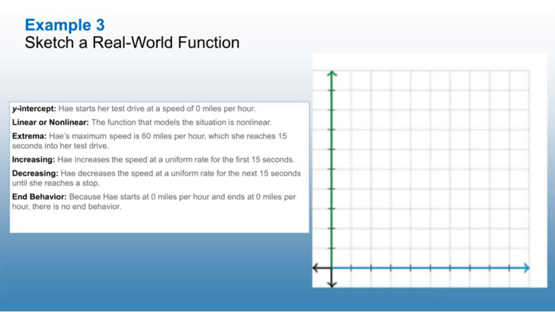First thing I want to do is just label my axes. I'm going to go from my x's 0 to 30, so I'm going to count by threes. So this is 3, 6, 9, 12, 15, 18, 21, 24, 27, and 30.